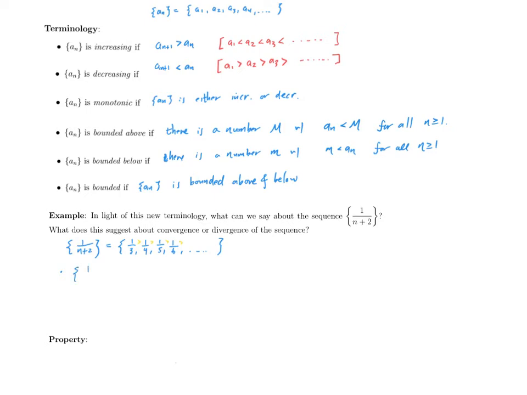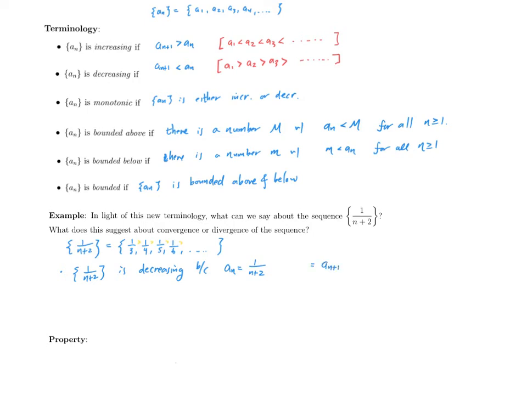Well, we can say that 1 over n plus 2 is decreasing, and the reason it is decreasing is because if you compare a sub n, which is 1 over n plus 2, with a sub n plus 1.